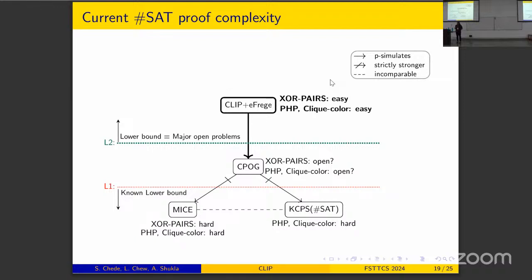I'm sorry, they're hard in resolution, but they're easy in EFG. So they're easy in our system. Again, the situation in CPOC is not clear, but we hope that ours is greater than CPOC in strength because it has an underlying circuit with it, right? So one day they might find lower bounds for a structure, but ours is an unrestricted circuit. Do you have time? Yes.